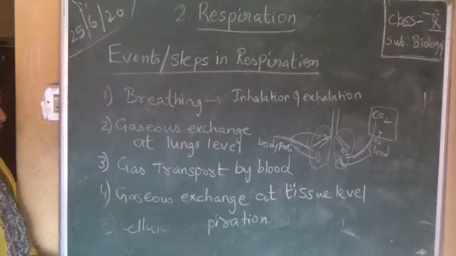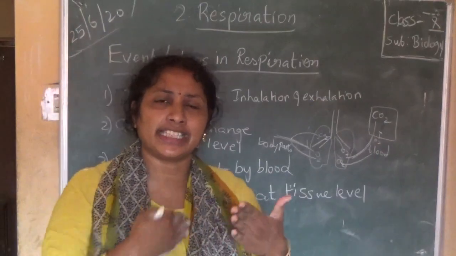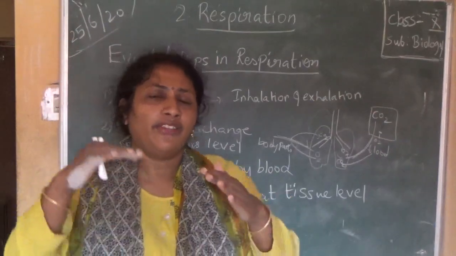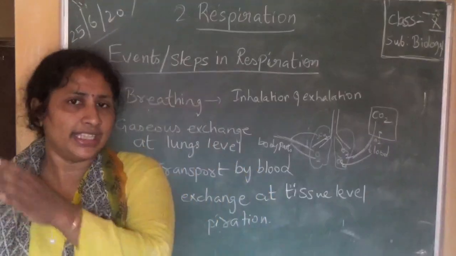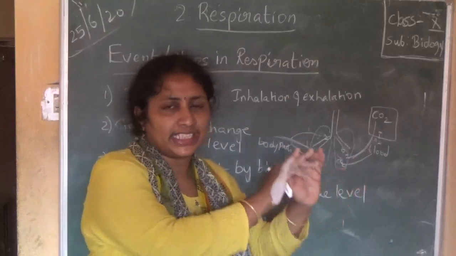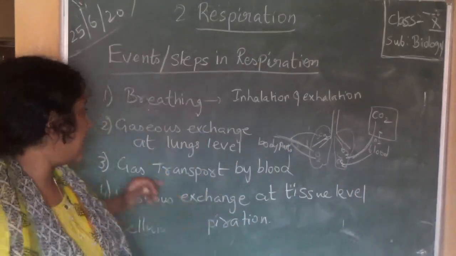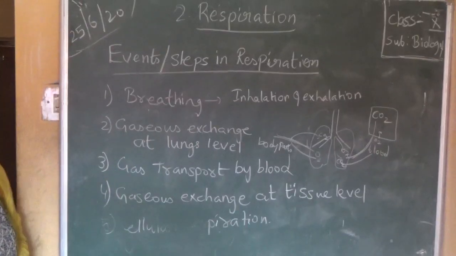That's what gas exchange at the lungs level means: gases are exchanged between the lungs and the blood. The blood brings carbon dioxide from the cells and gives it to the lungs. From the lungs it takes oxygen and goes again to the cells. This is the gas exchange at the lungs level.